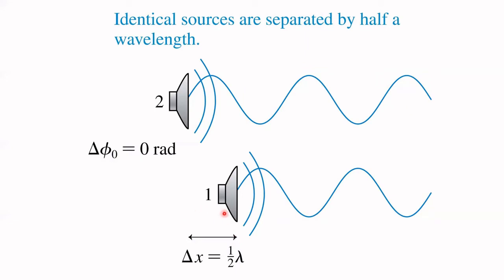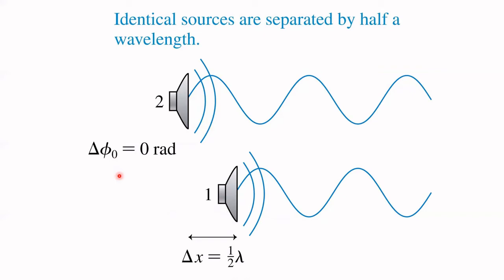If the distance between the two speakers is 1 wavelength, or 2 wavelengths, or 3, that doesn't contribute any additional phase shift. But half a wavelength corresponds to a phase shift of pi radians. So if they're already oscillating together and you scoot them apart by half a wavelength, well, now they're going to be out of phase.